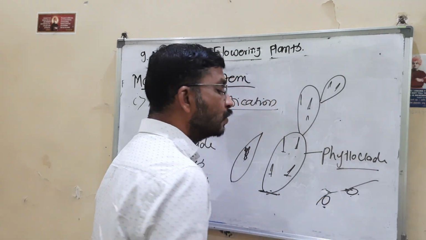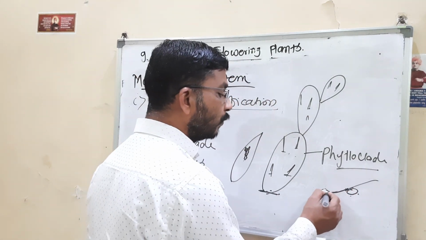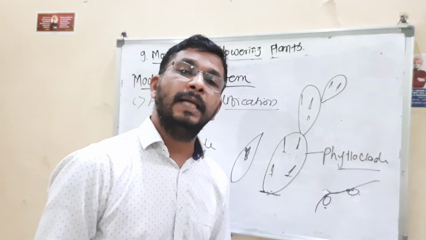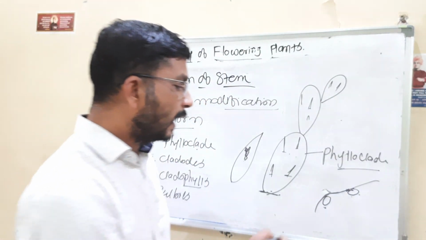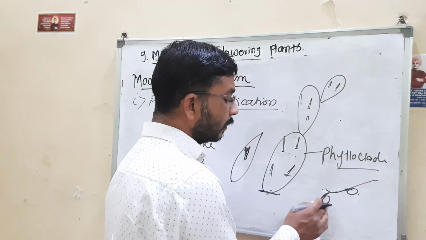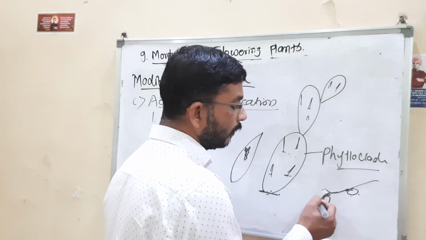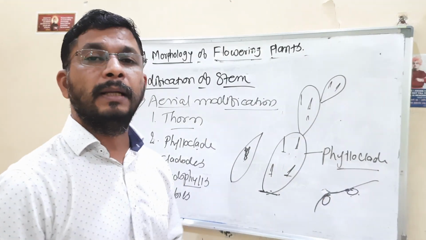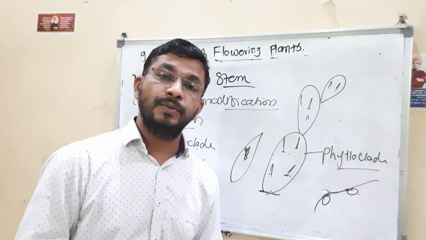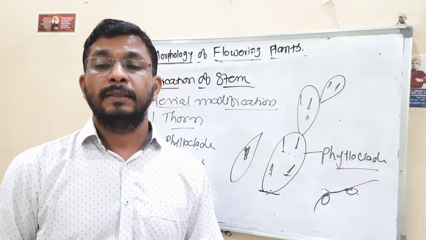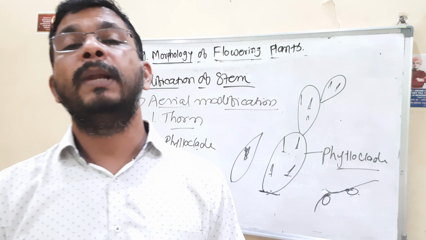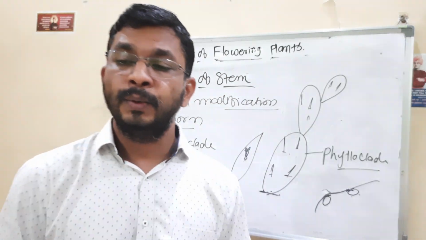Bulbils are a stored form of food material. When they mature and break from the plant part, they fall and produce a new plant, and help in vegetative propagation.